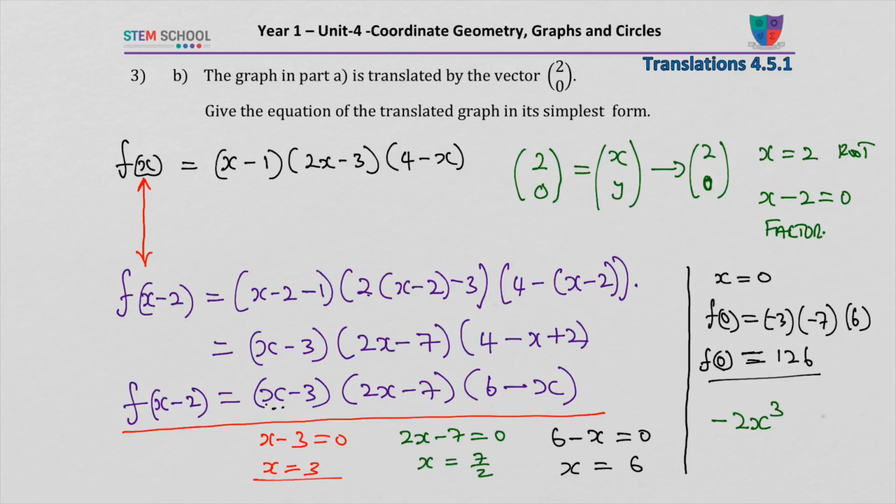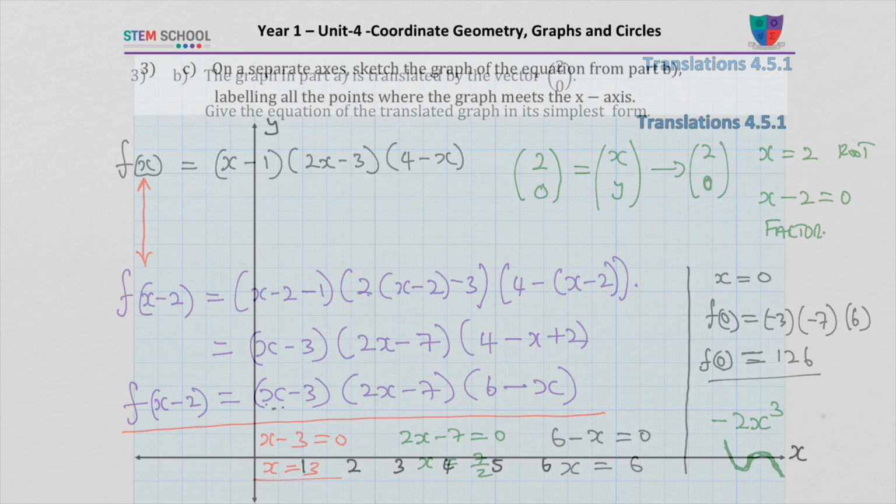So it's negative, so the curve will be coming from the second quadrant rather than the third. So coming from the second quadrant, going up like that. So that's what we're going to be getting when we sketch it. And that's what we're going to sketch now. So this is the graph.